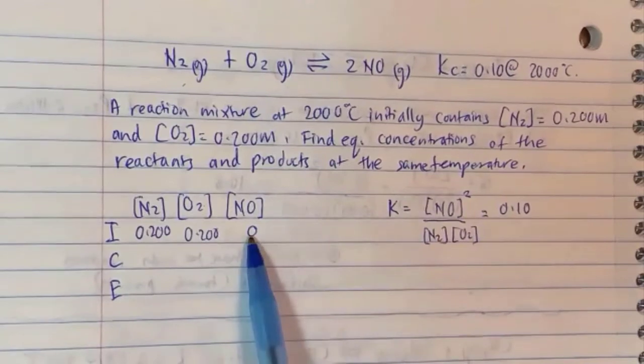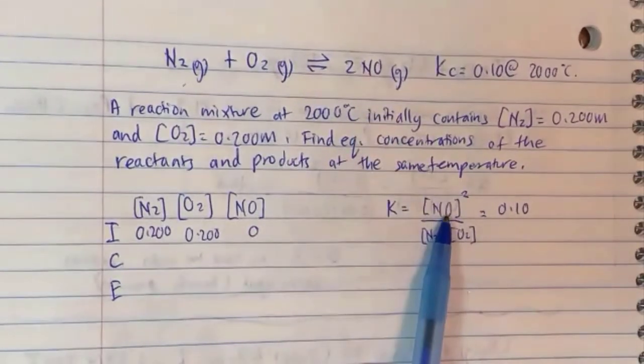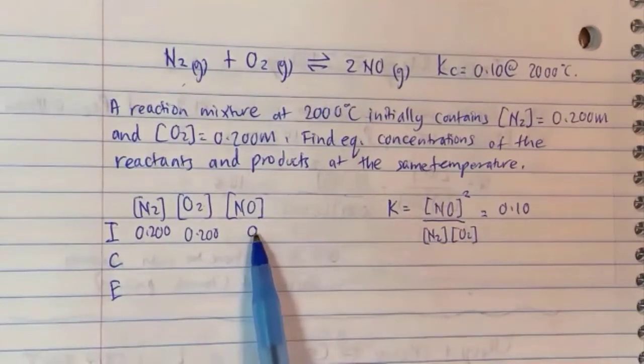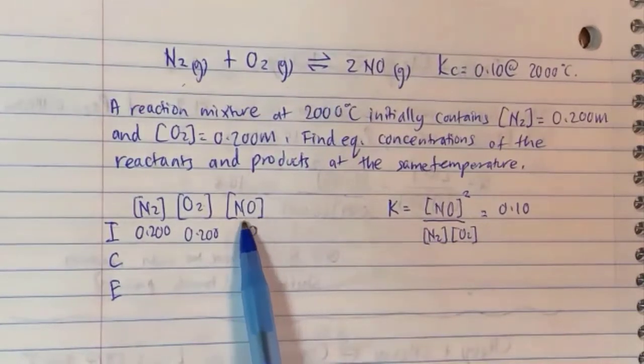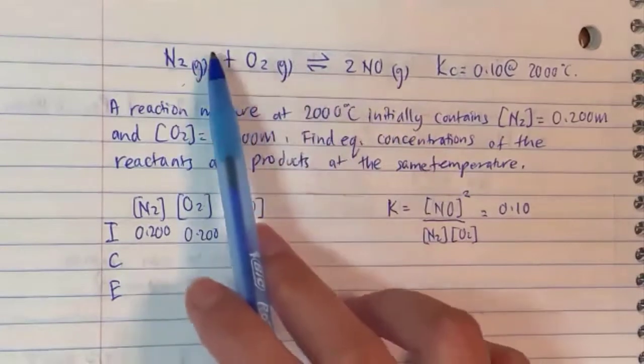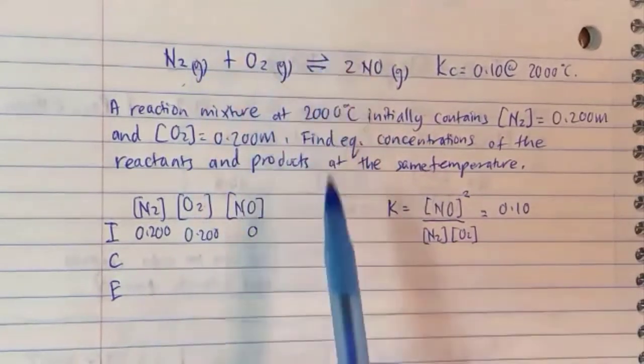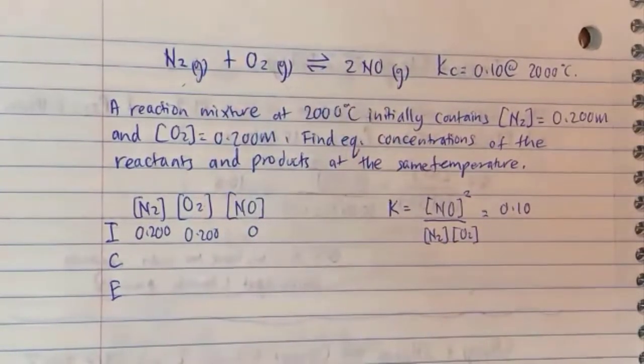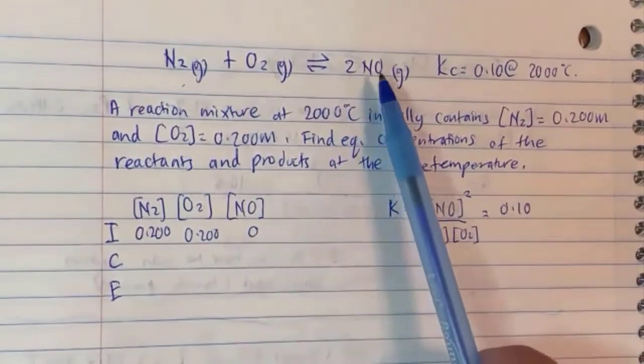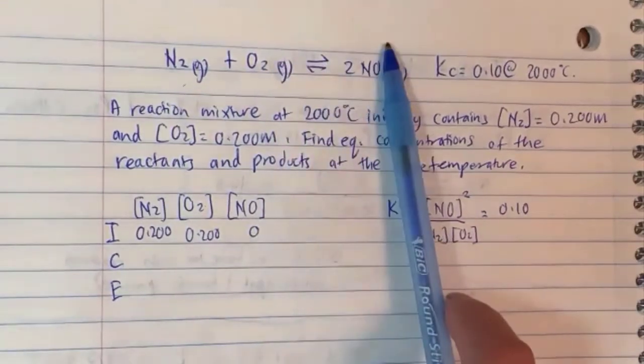NO is 0, there are absolutely no products. They didn't put in any products. So the Q is actually 0, and it's going to shift towards the side that has the 0. I like to help you remember: anytime there's a 0 in there, it will shift towards the side that's a 0. Because earlier we said if you have no products, it will shift towards the product side.